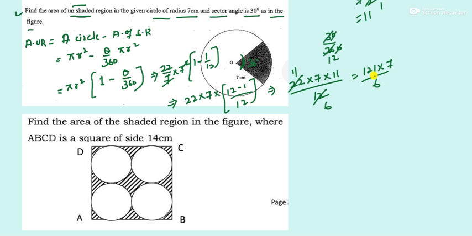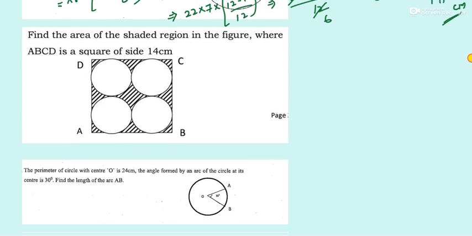Okay, so you can just multiply this first. 121 into 7 is 847. Divided by 6, when you do, you will get the answer as 141.16 centimeter. This is the area of the unshaded region. Got it? You can also do it separately, first find this, then subtract. Even that is fine. Okay, I hope it's clear.